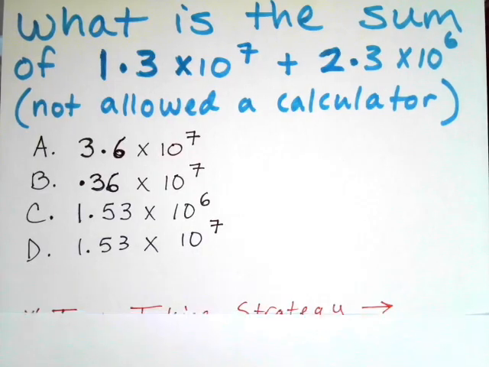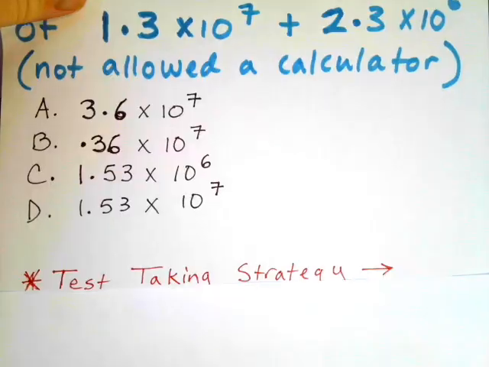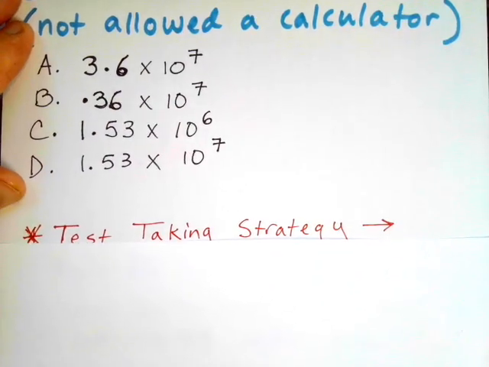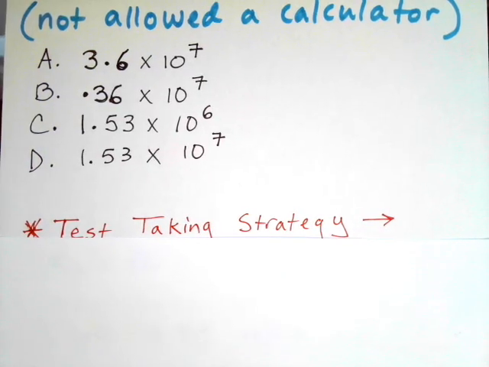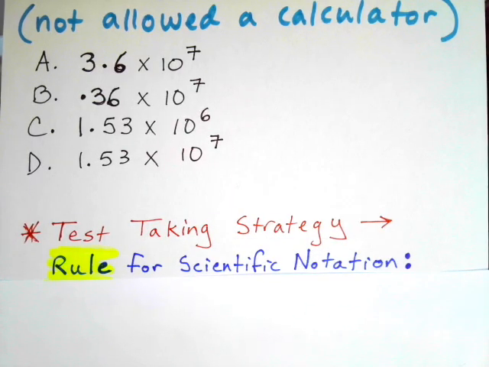So, again, I like to go over a test-taking strategy in order to understand how to find the correct answer and eliminate options A, B, C, or D that just do not make sense, that cannot be an answer. So first, let me just say the rule for scientific notation.